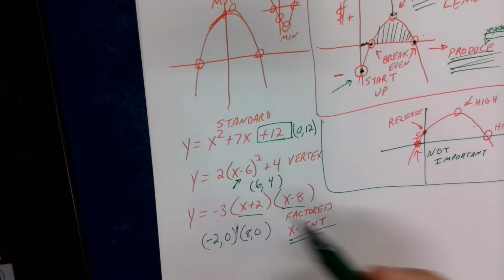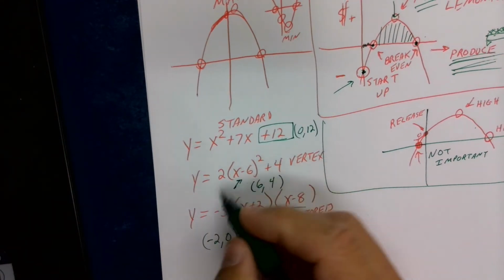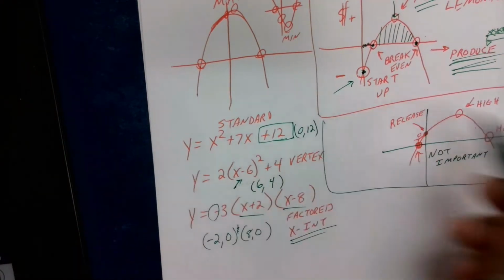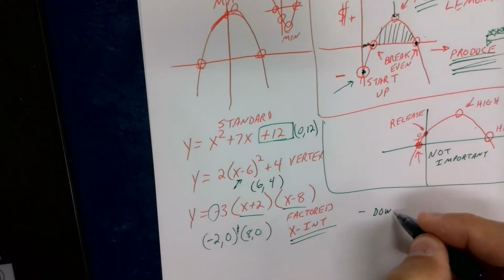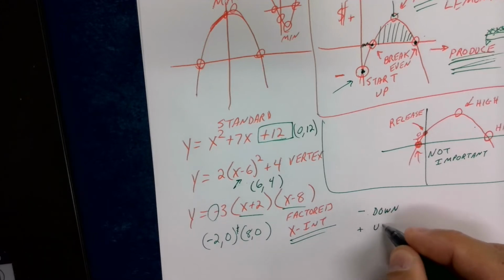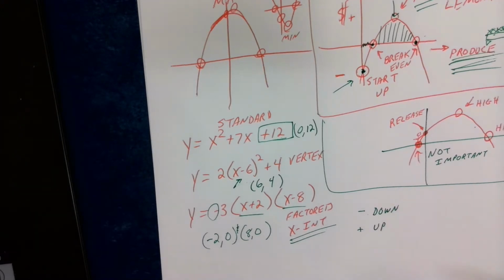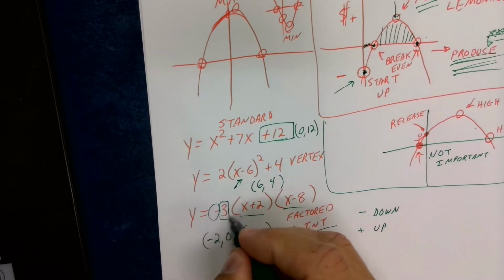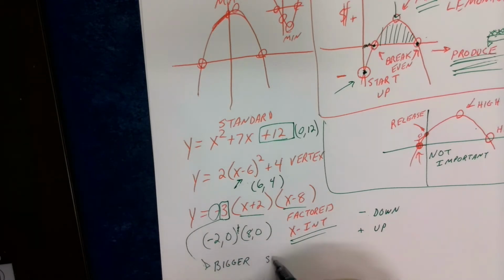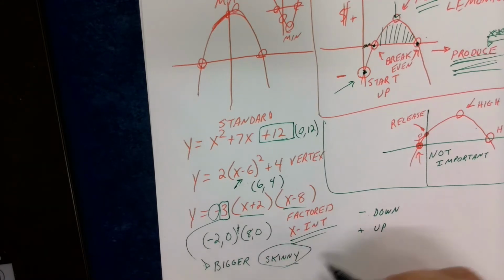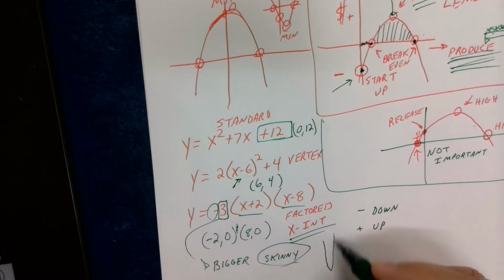And we know from some basic stuff that if there's a negative out in front of all of these things, then it opens down. So negatives make the parabola open down. Positives, it will open up. Good deal. Then we look at this number right here, which is the coefficient, and the bigger the number, the skinnier it is. And technically what it means to be skinny is that it grows really fast.